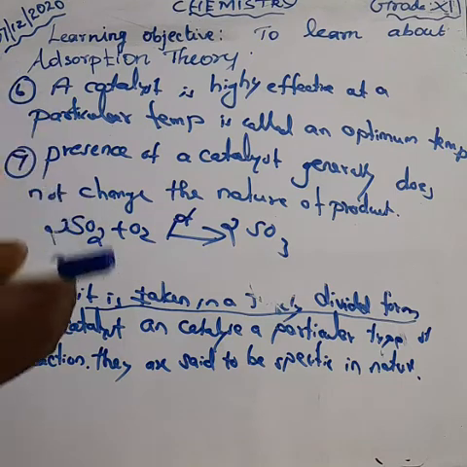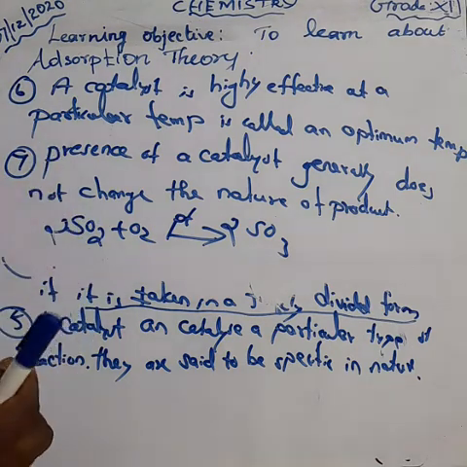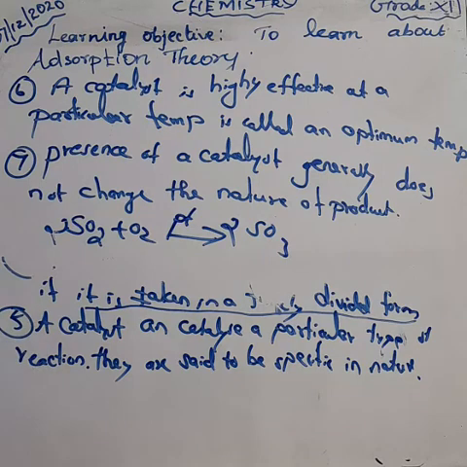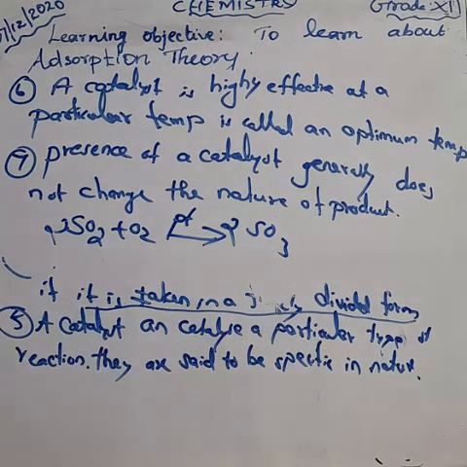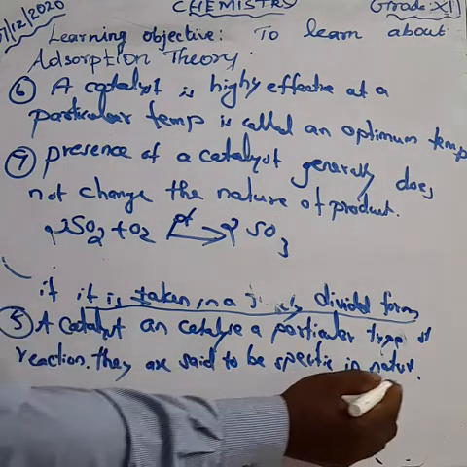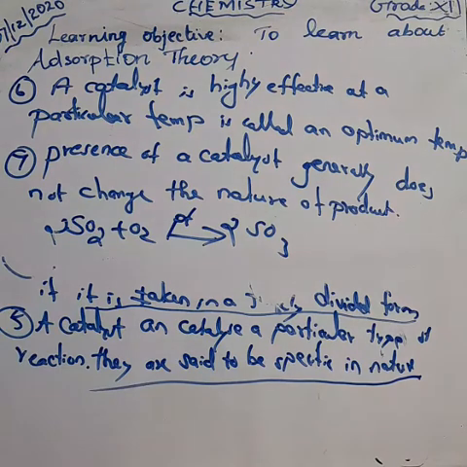Suppose the reaction is going at a slow rate; when we add a catalyst, the reaction goes fast. A solid catalyst will be more effective if it is taken in a finely divided, finely powdered form. A catalyst for a particular type of reaction is said to be specific in nature. Don't forget that. Catalysts are specific in nature.